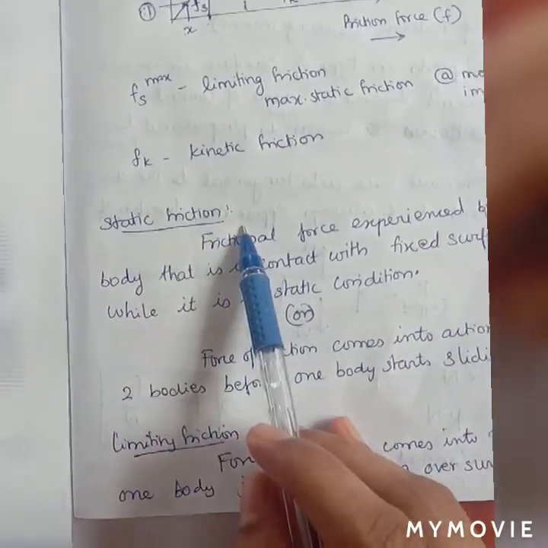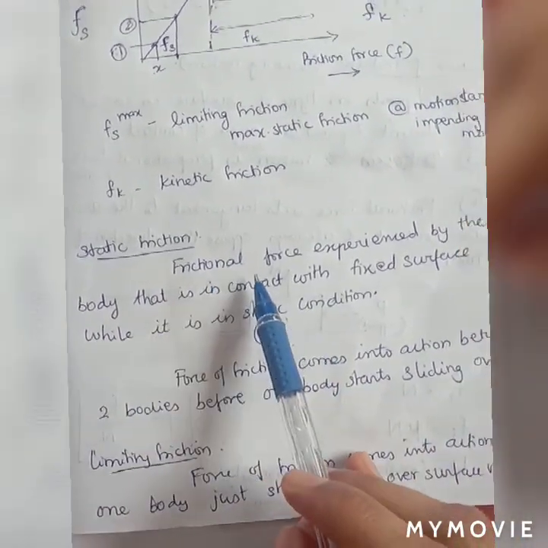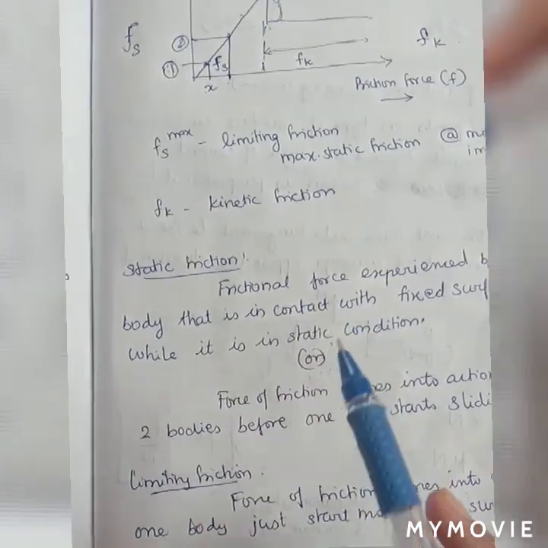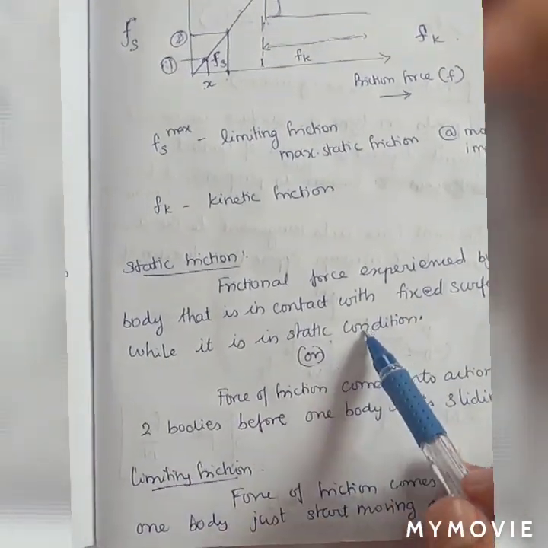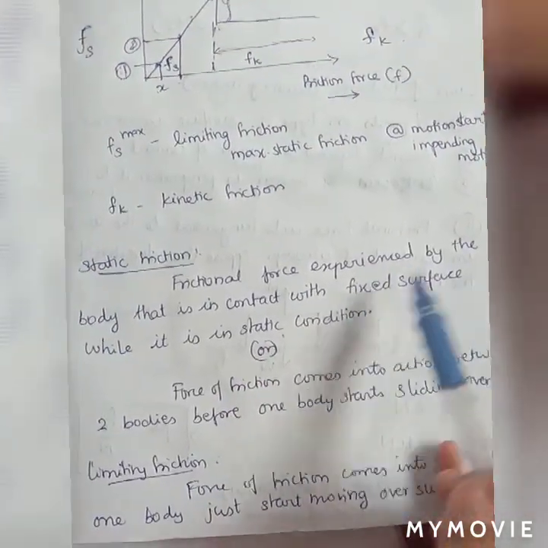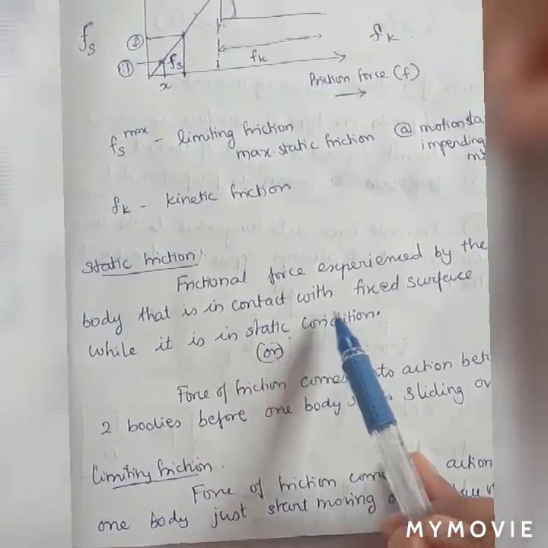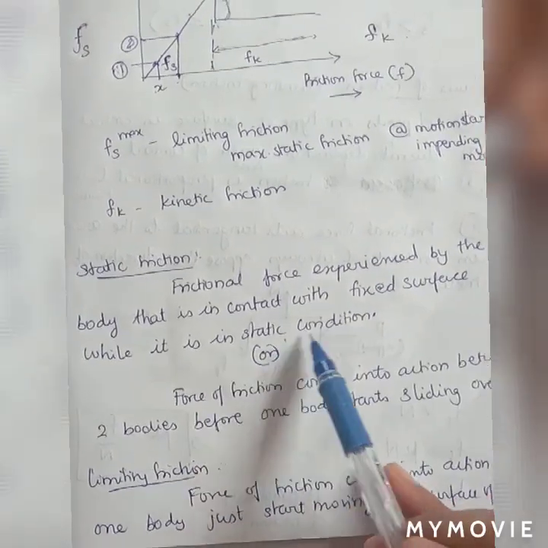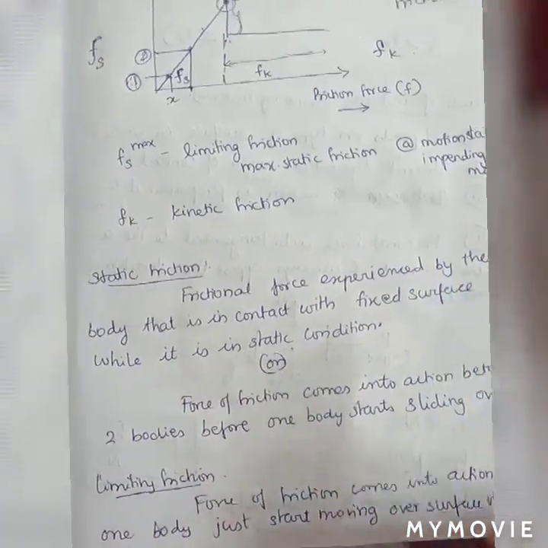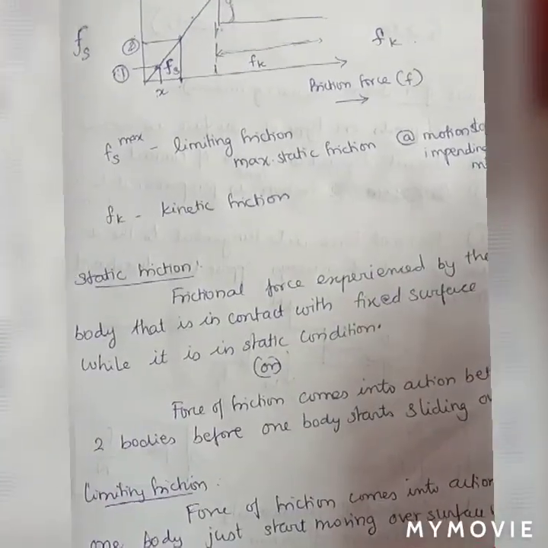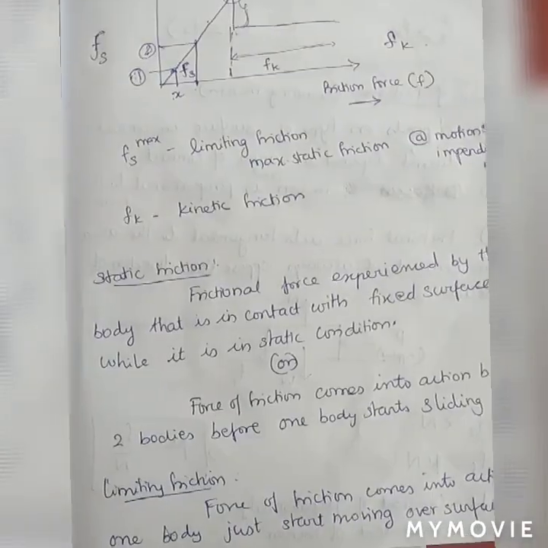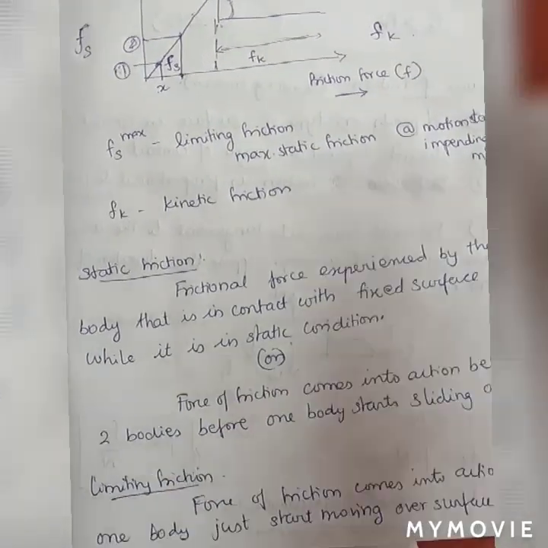So here are the definitions. Static friction. I would recommend you pause the video and write down the definitions for these frictional forces. Frictional force experienced by a body in contact with a fixed surface while it is in the static condition. Already said, right? The body and surface are in contact, there is no motion, and it is in a static condition.